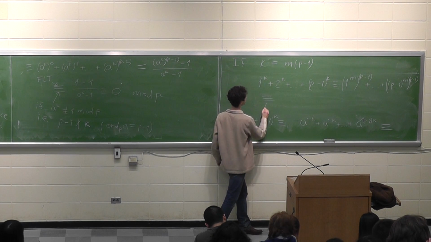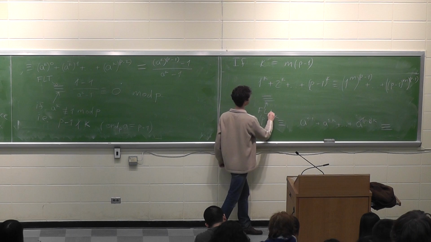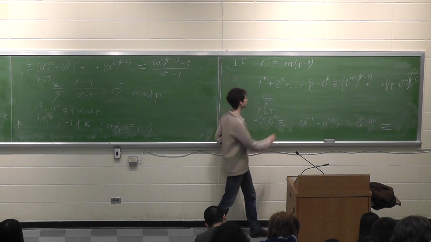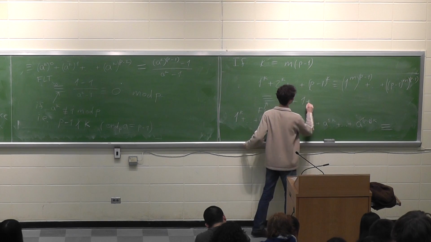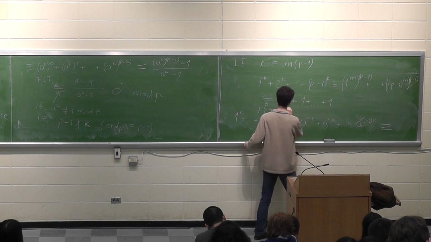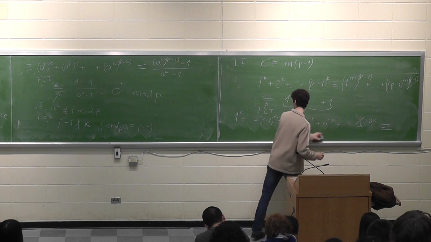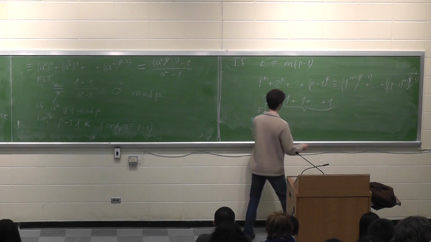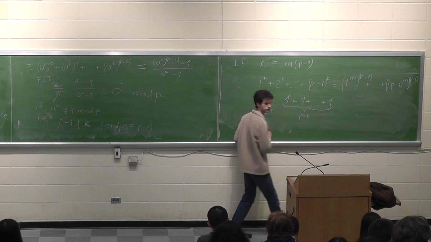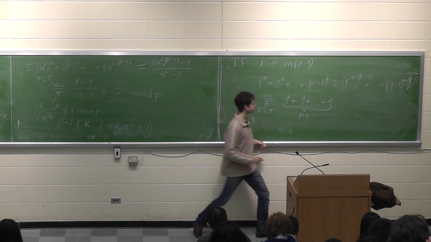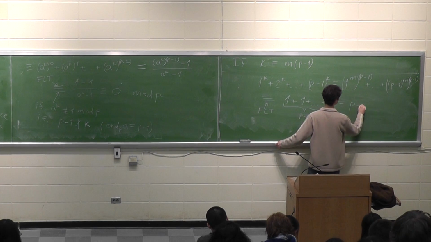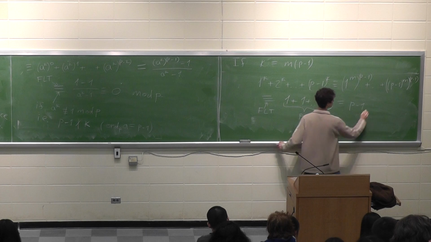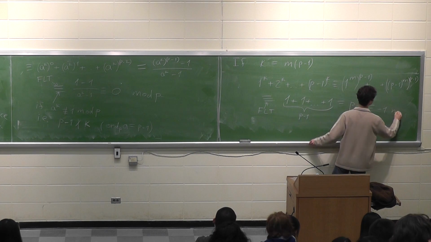So this thing is just the sum of 1 plus 1 and so on, exactly p minus 1 times. So it is just p minus 1, or congruent to minus 1 modulo p.